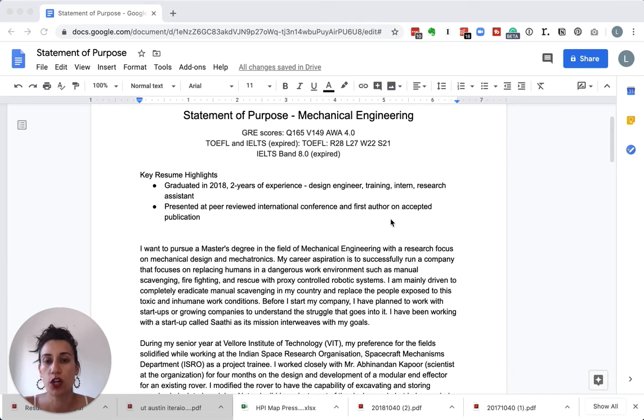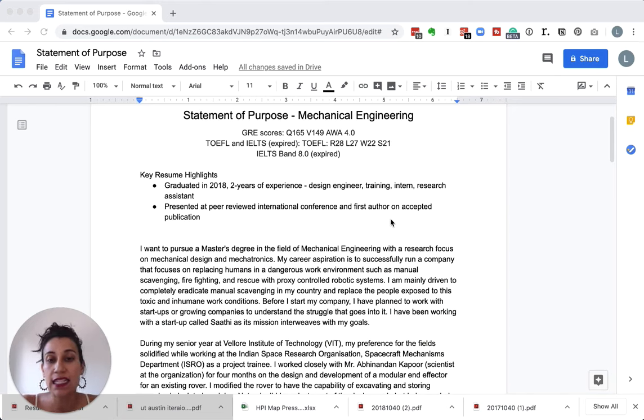And so what we're going to focus on here is the essay, and I'm going to read through it and give feedback to where I see it could be strengthened. And overall, the biggest thing I see with this is that this is a really competitive environment applying for mechanical engineering, especially for international students, because there's so many international students applying for STEM programs in the US that makes it more competitive for international students.